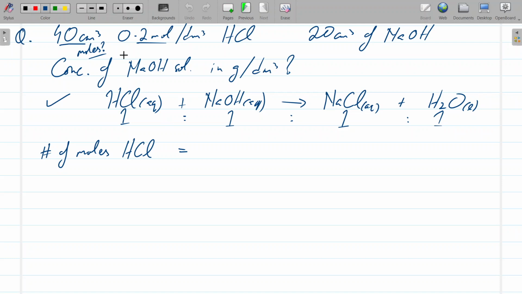So we divide 40 by 1000, and that gives us 0.04 for HCl. Yes, you need to convert 40 centimeter cube into dm cube because the concentration is in dm cube, and we multiply that by 0.2 moles per dm cube, and what do we get? 0.2 multiplied by 0.04, 0.008 moles.